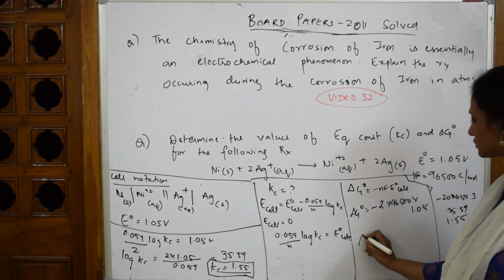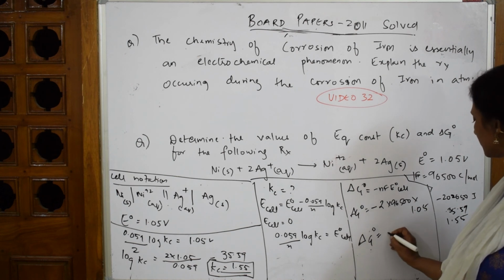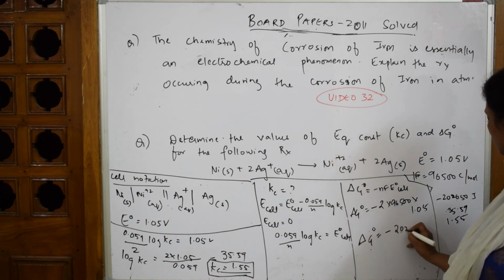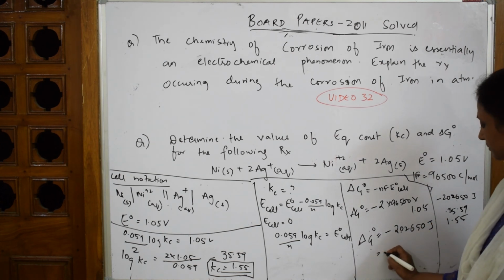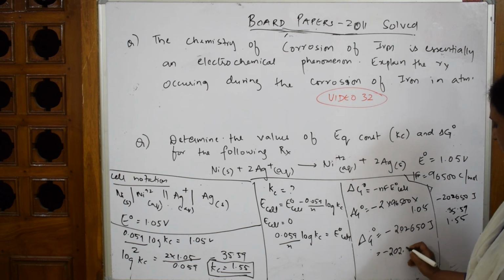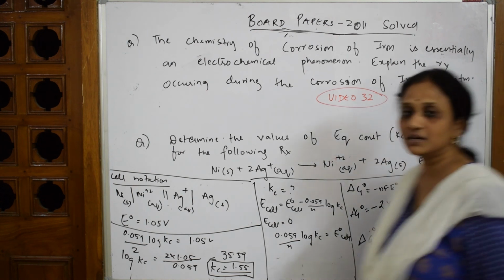When I multiply this whole thing, I get an answer of minus 202,650 joules. Done. If I further convert, minus 202.65 kilojoules. Correct? Yes, this is your answer.